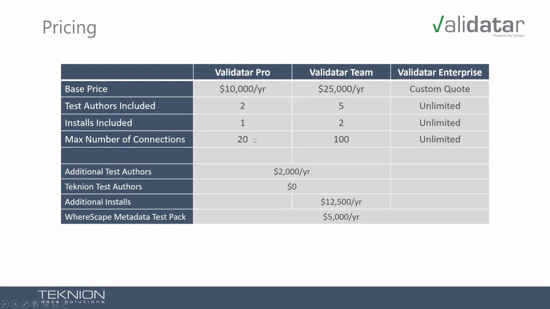If you have a relatively stable set of sources, maybe a couple of ERP systems, a CRM and a financial system, and a couple of data warehouse connections, the small team is going to be fine. If you have a much more diverse system, with data sets all over the business, you're acquiring new data sets all the time, and lots of people are writing tests, then you might want to consider the larger team size. That's how the pricing works. It's an annual subscription.